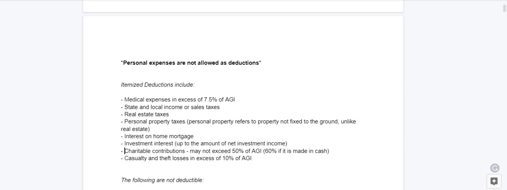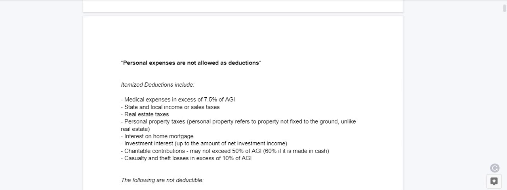Now, it is important to know that only contributions to a qualified charitable organization is allowed as a deduction, and the deduction allowed, or the limitation allowed on the deduction, actually varies based on circumstances, but in all cases it is limited to 60% of your AGI.